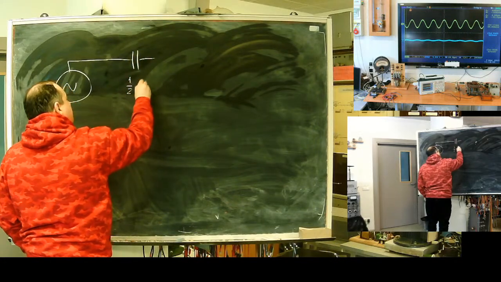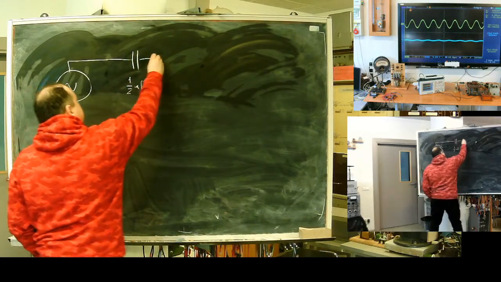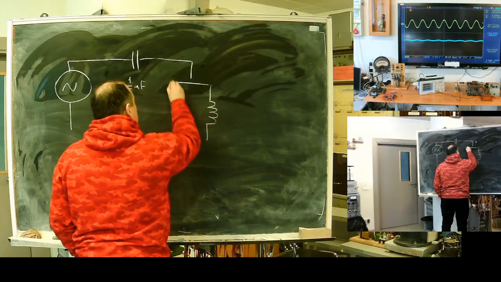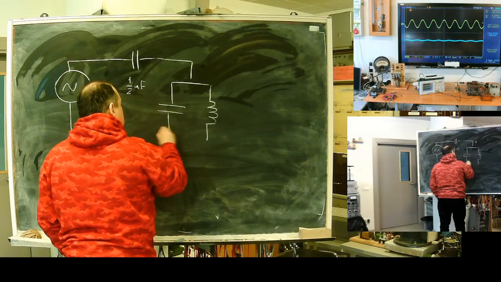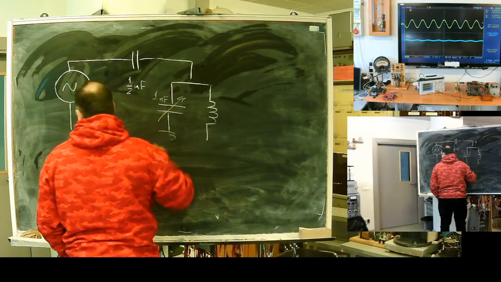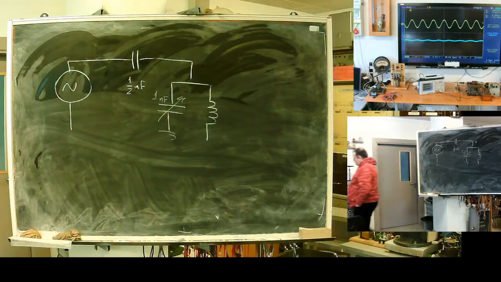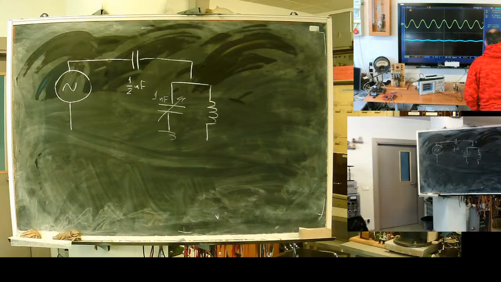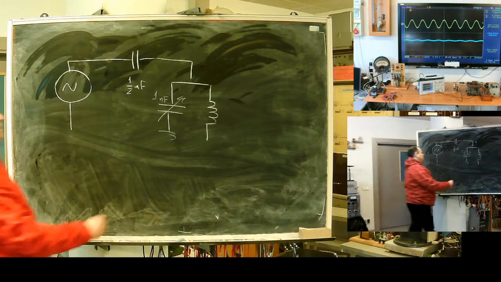One half of nanofarad, coil, capacitor. It's adjustable. It's 1 nanofarad. And coil, where is my coil? What's written here? 7.45 millihenry.